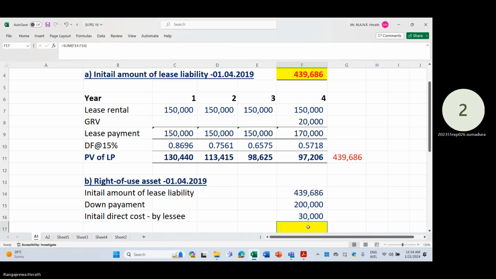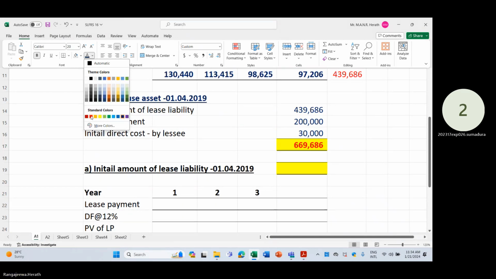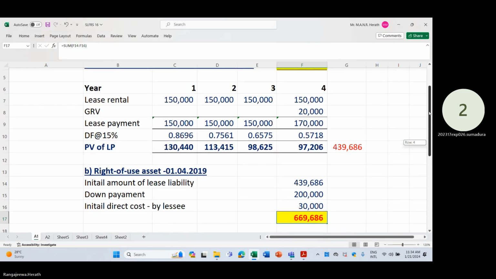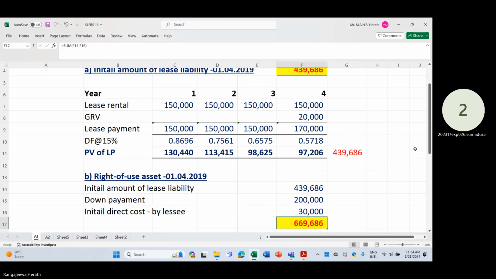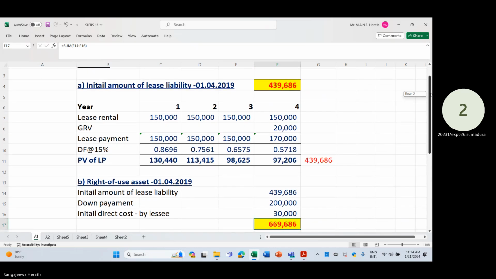Altogether, the initial measurement of the right of use asset is $669,686.